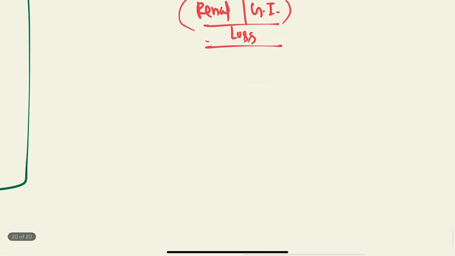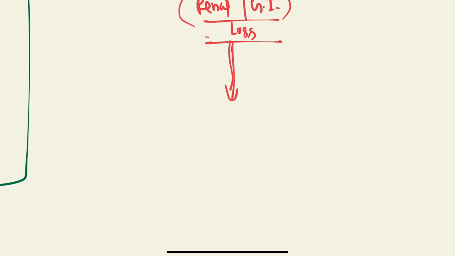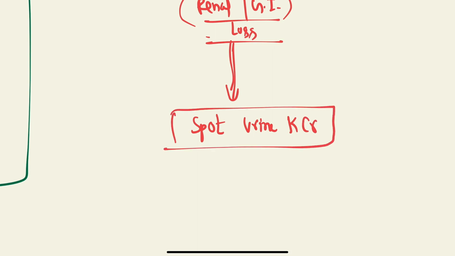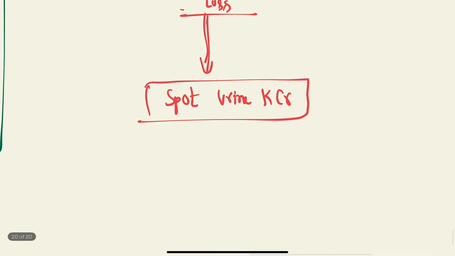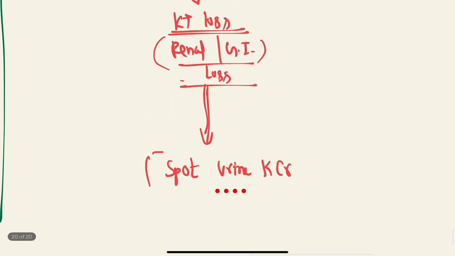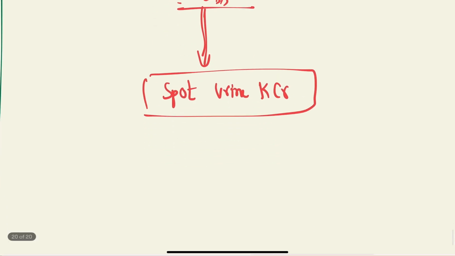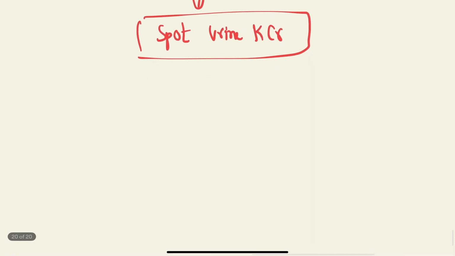So we do the important tests: spot urine potassium creatinine ratio, which differentiates between renal and GI loss of potassium, whether it is a renal cause or a GI cause. We can also do a 24-hour urine potassium.